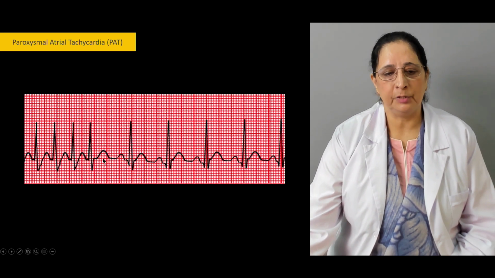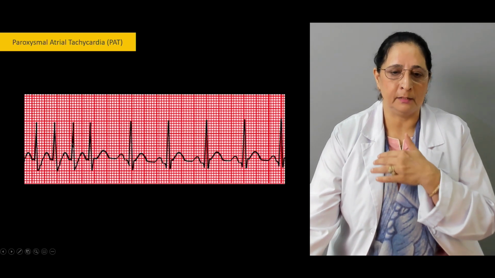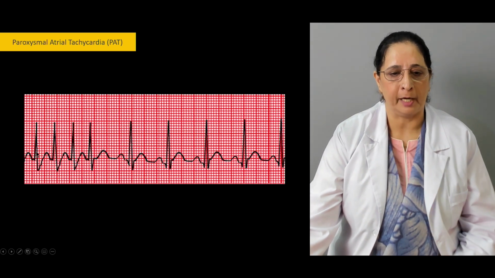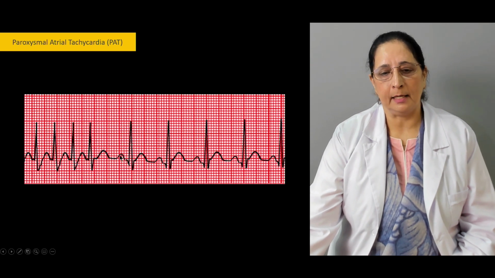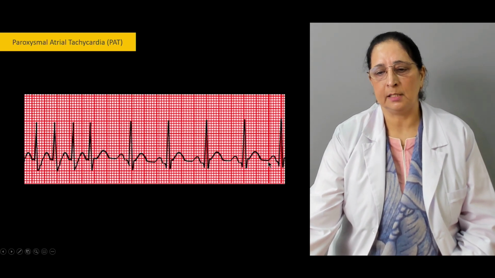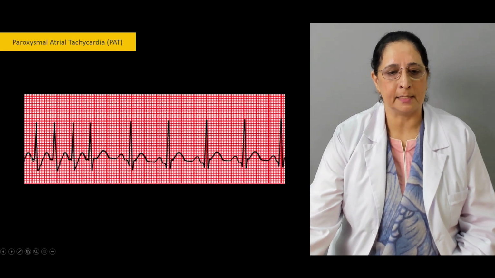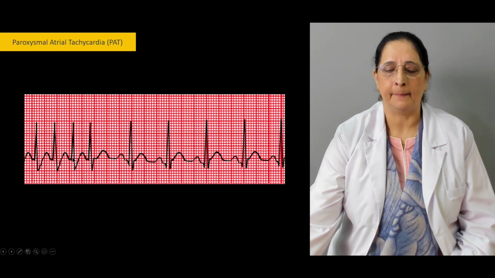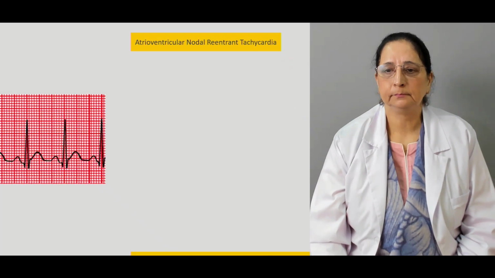It's infrequent, it's in episodes. Here it's different. Then we have the normal cardiac cycle, P wave, QRST, PQRST. So this is the normal cycle. This is paroxysmal atrial tachycardia, so it occurs in episodes.